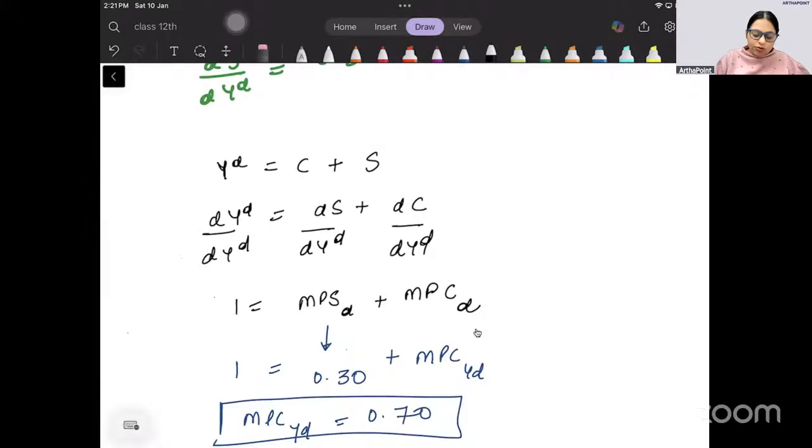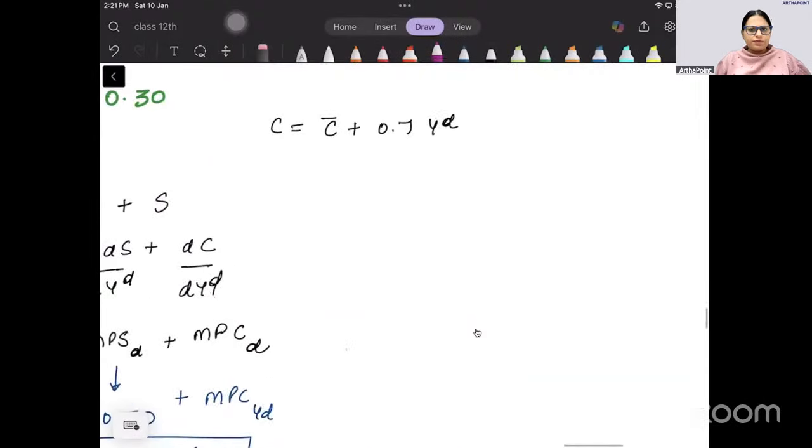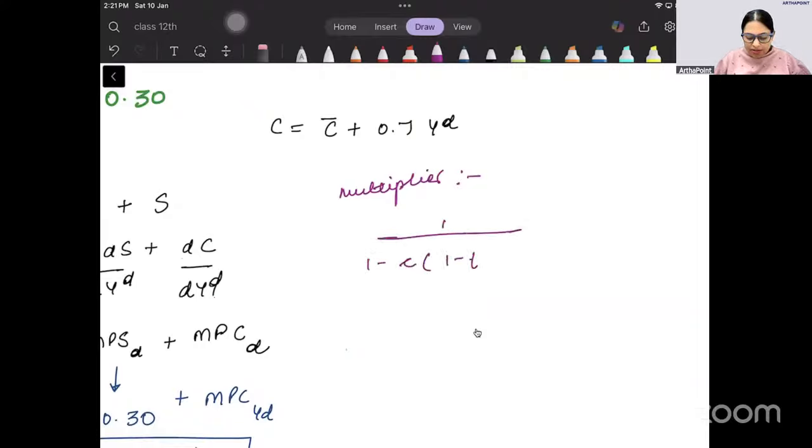So I know what my consumption function looks like. Now, think, what is the formula of my multiplier? My multiplier was 1 upon 1 minus c into 1 minus t, where small c is marginal propensity to consume out of disposable income.